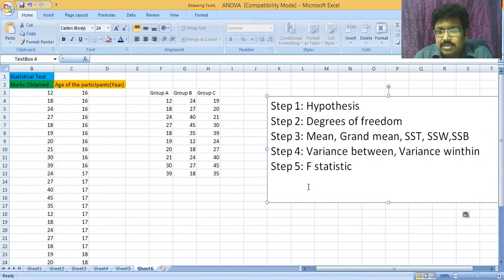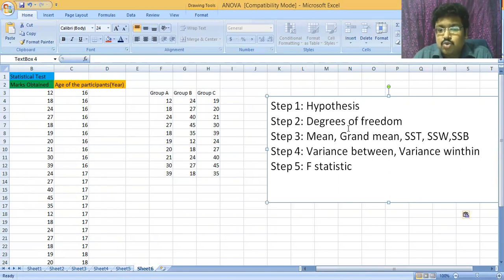In the final step, step 5, you find the F statistic, which is the ratio between variance between and variance within. This is your calculated F statistic. On the basis of the degrees of freedom between and within, you find the table value of the F statistic.